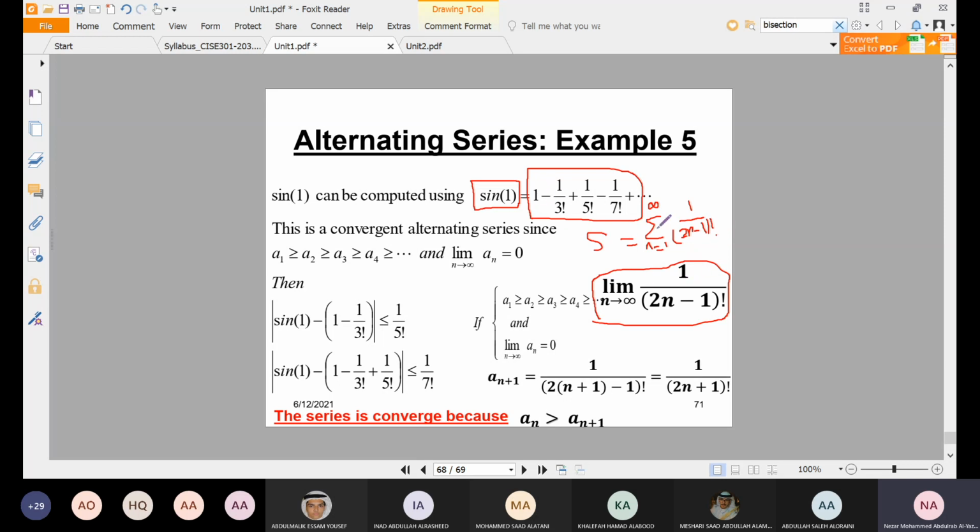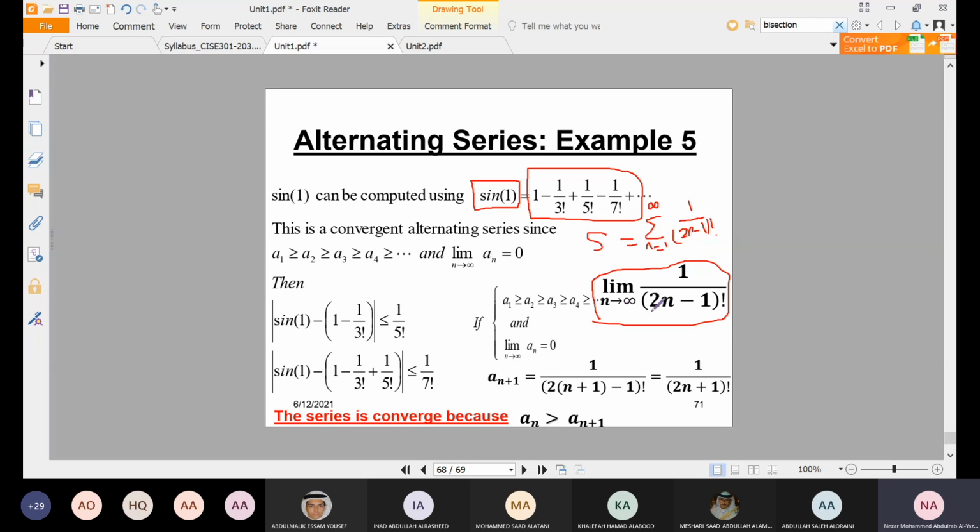For the first term, n equals 1, so 2 minus 1 is 1, and I have 1 over 1 factorial, which is 1. For the second term, n equals 2, so 2 multiplied by 2 is 4, minus 1 is 3, and I have 1 over 3 factorial. So this is the general form of this series: the summation from n equals 1 to infinity of 1 over (2n minus 1) factorial.